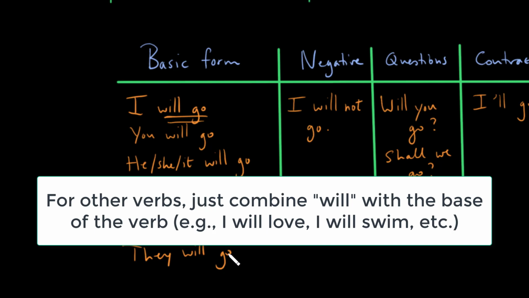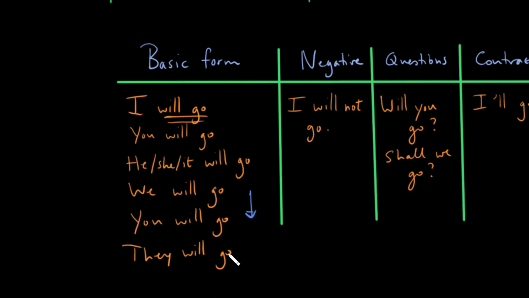Now there are a couple of alternate ways to create the same effect, or at least something very similar. And one is to use the verb shall. Okay, so if you say, I shall go, that creates the same effect roughly as I will go. This verb shall is much more common in British English than in North American English.